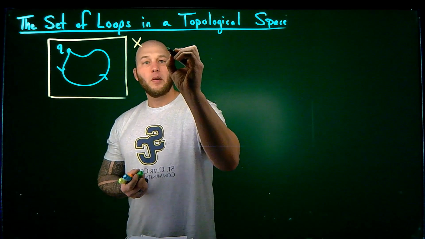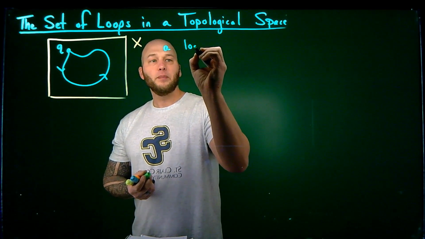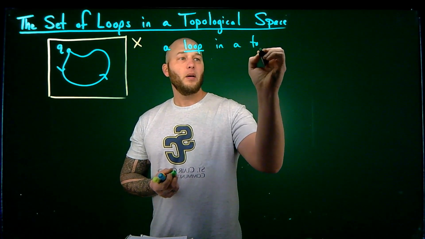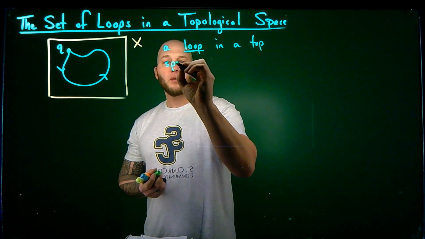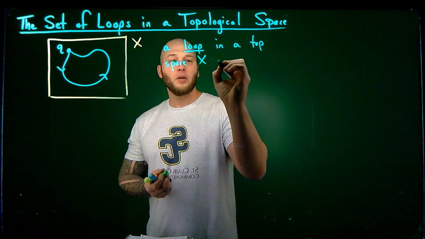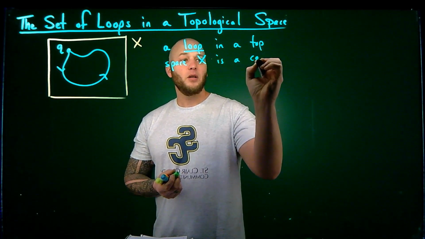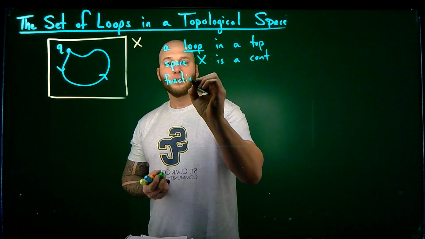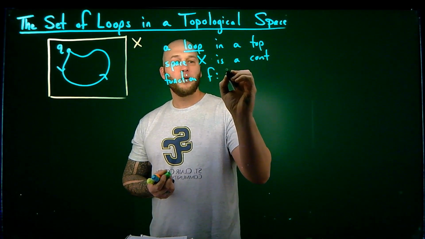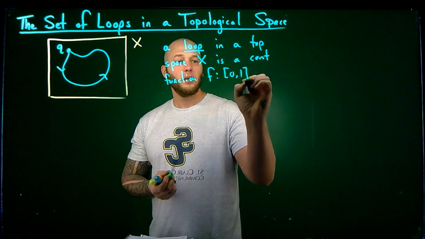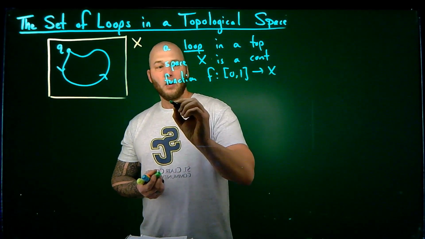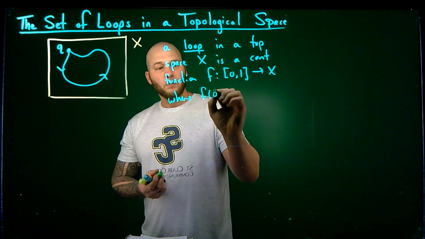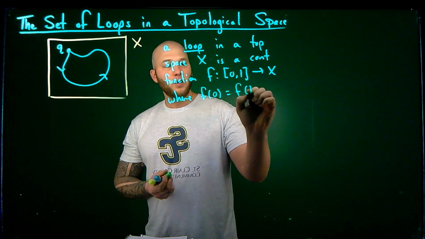Therefore, let's give a definition for that. A loop in a topological space X is a continuous function f, which goes from [0,1] to X, where f(0) = f(1).